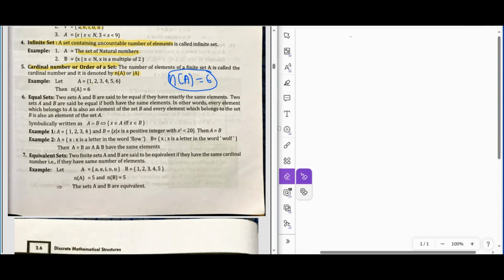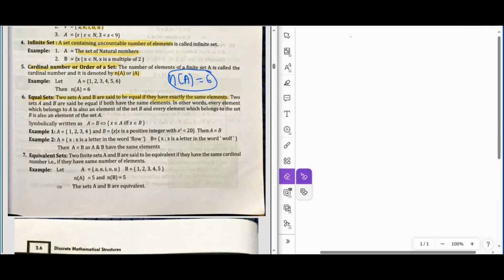Then moving on to the next one, you have equal set. What is equal set? Two sets A and B are said to be equal if they have exactly the same elements. There should be the same elements in A and B, then it is called equal sets.